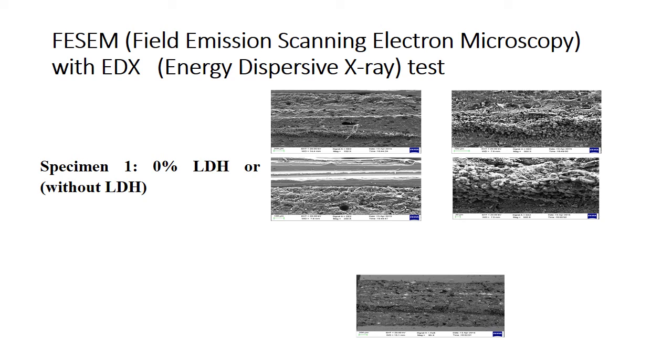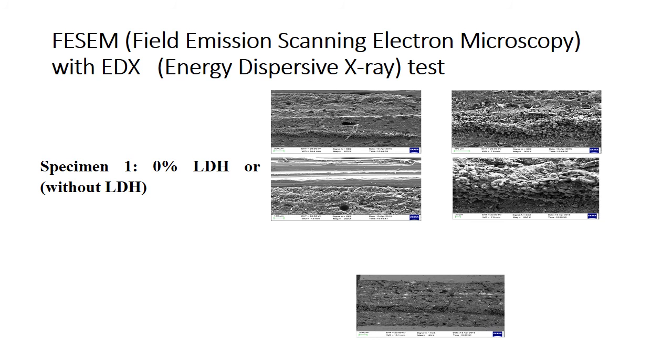Then I did FESEM, that is field emission scanning electron microscopy, which is a much more advanced type of microscopy than SEM, with EDAX, that is energy dispersive X-ray test. These images are much clearer than the SEM test.